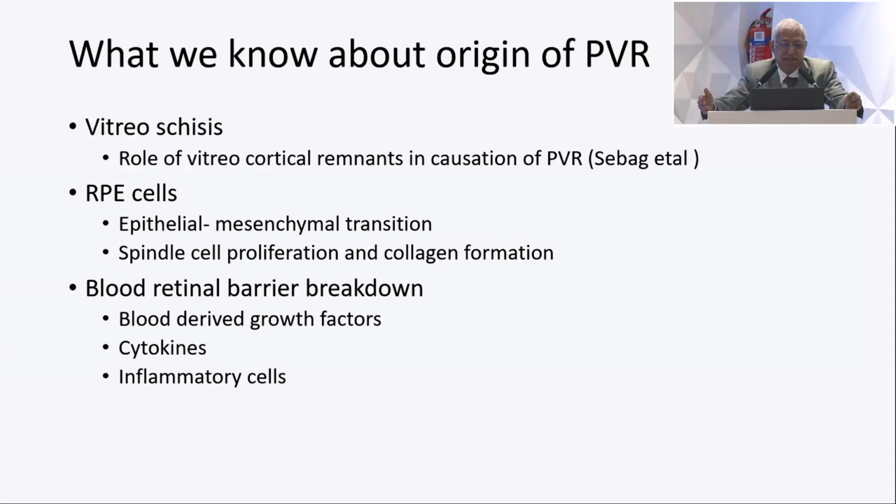The RPE cells and the epithelial mesenchymal transition, and also the spindle cell proliferation leading to collagen formation, have already been discussed. And the BRB is a very important part of the overall pathogenesis, wherein you get factors which are blood-derived, not retina-derived. They are cytokines and inflammatory cells.